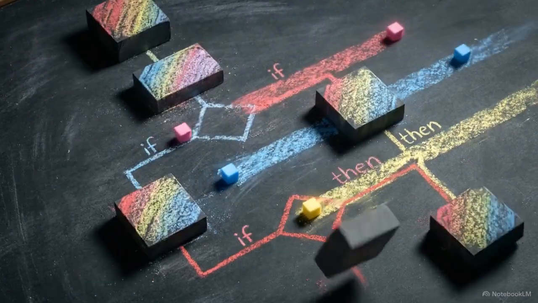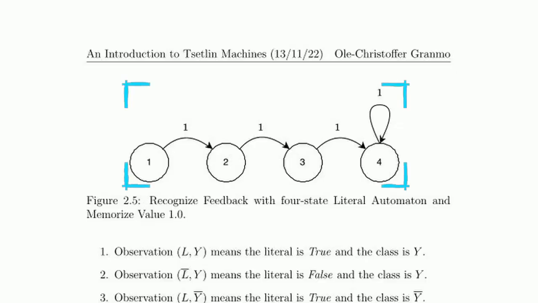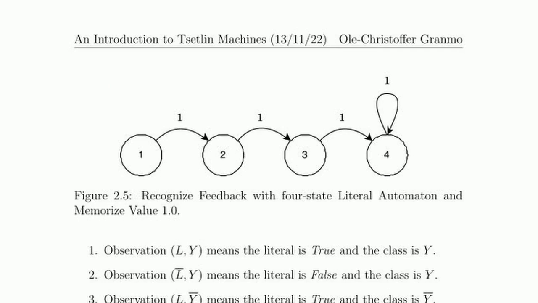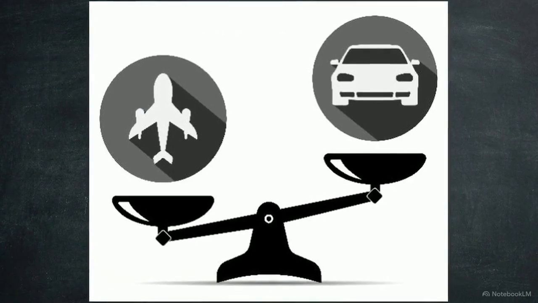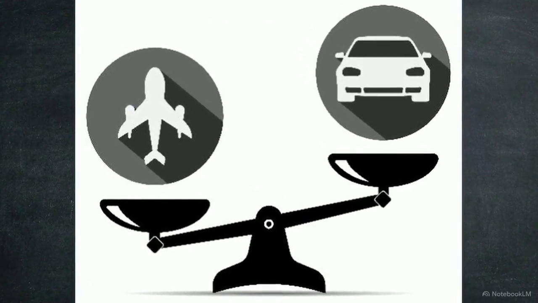These 3 competing feedback loops allow rigid if-then rules to organically adapt, eventually stabilizing on the specific patterns required to classify objects correctly. This diagram of a Markov chain shows that the system doesn't rely on one giant algorithm. A Tsetlin machine generates a massive number of independent rules, each stochastically testing different probabilities and pattern combinations simultaneously. As illustrated by this scale, the machine makes its final decision through a majority vote.